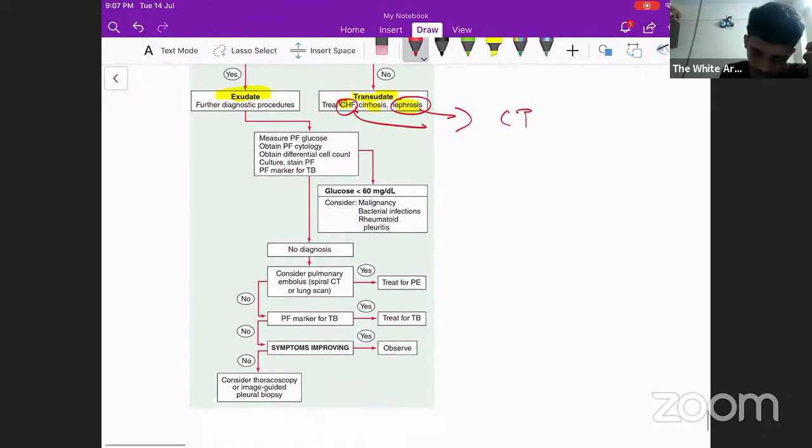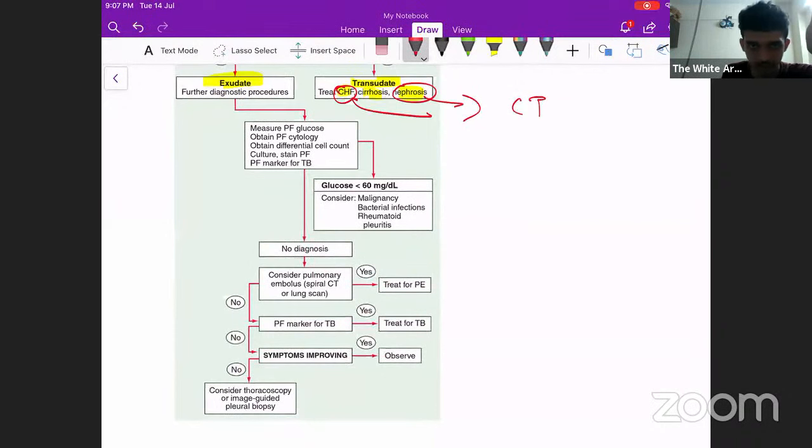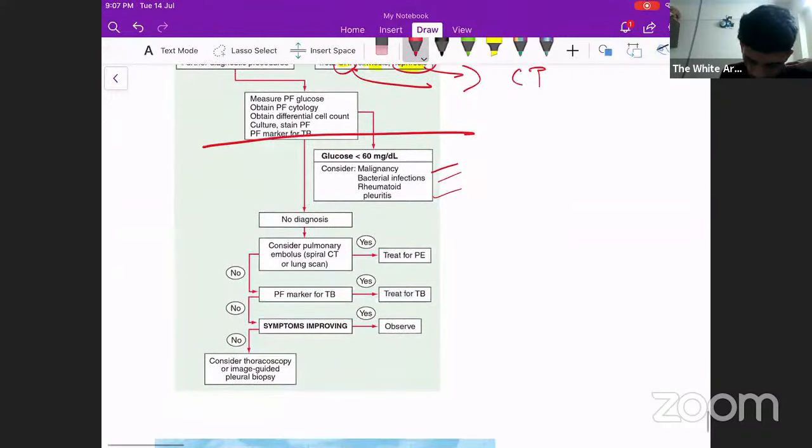Don't forget. If it is exudate, then do the basic investigations, pleural fluid analysis. If glucose is low, as told, you can think of malignancy, rheumatoid arthritis, bacterial infection, either pneumonic or TB. Still no diagnosis, do CT pulmonary angiography to rule out pulmonary embolism.